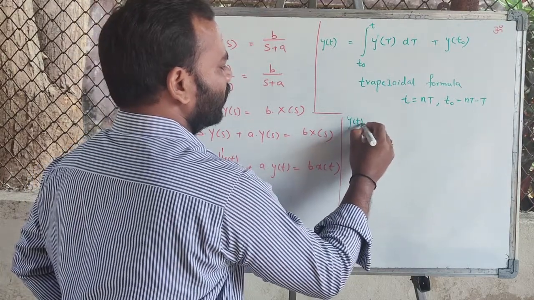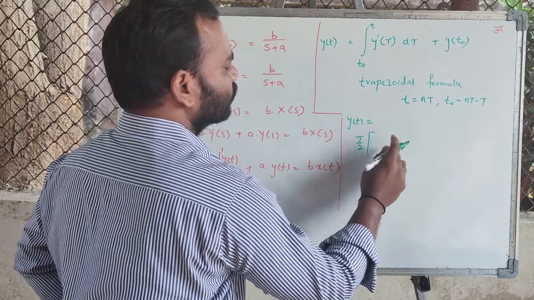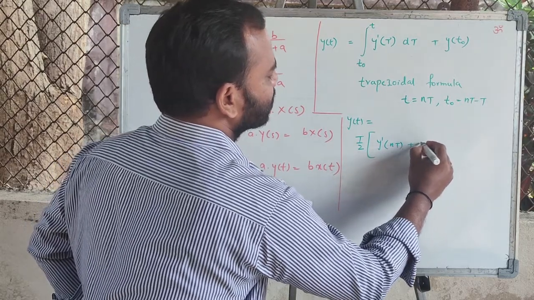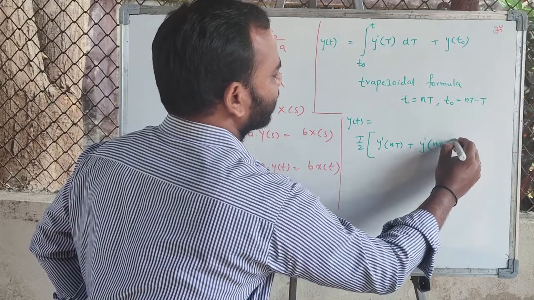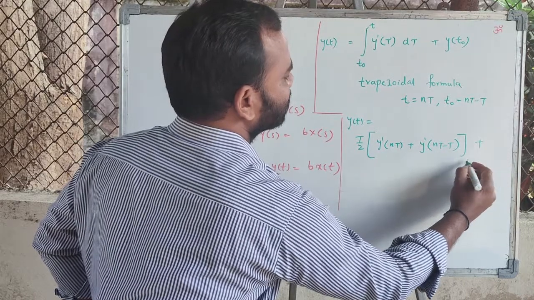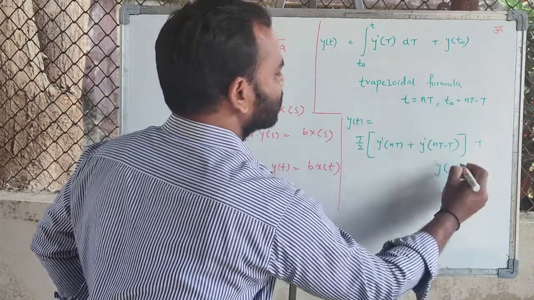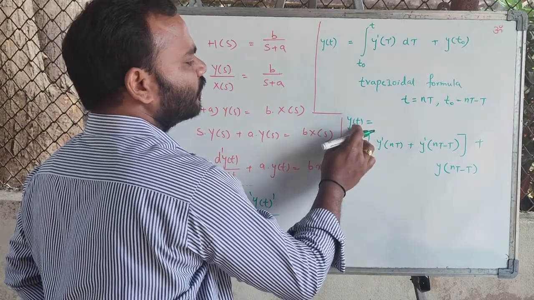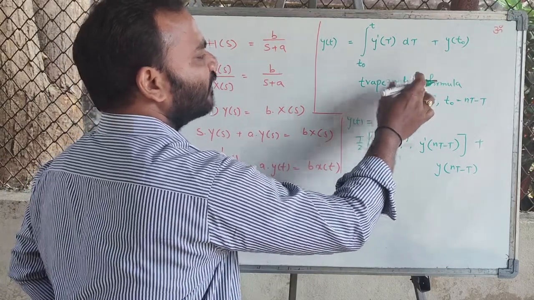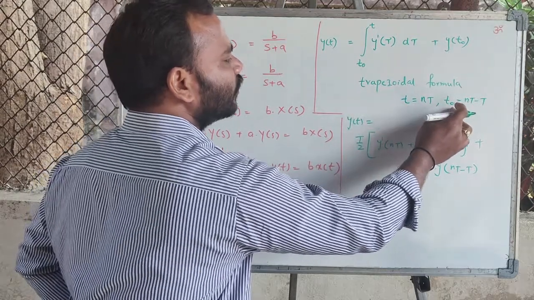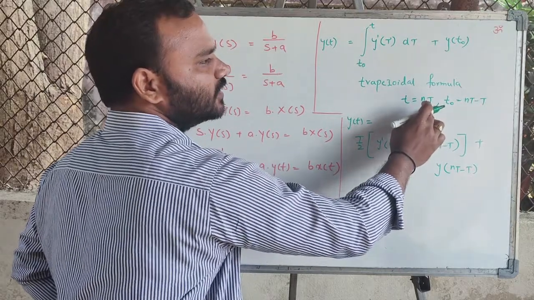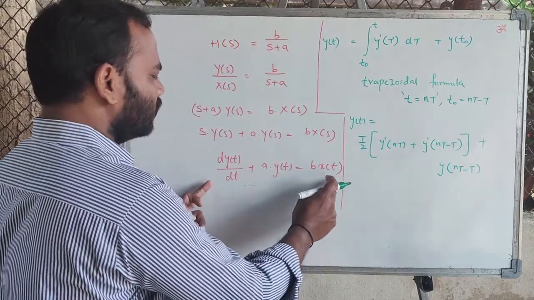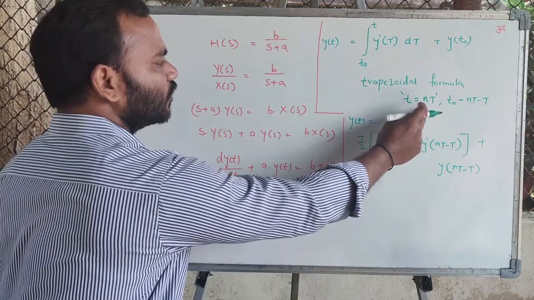So y of t is equal to T by 2 times (y dash of nT plus y dash of nT minus T) plus y of t0, which is y of nT minus T. So this is the value of y of t by using the trapezoidal formula evaluated at t is equal to nT and t naught is equal to nT minus T, where capital T is the step or length of the interval.